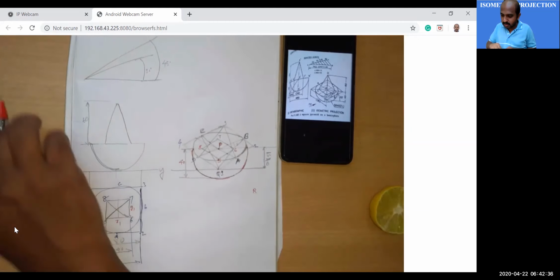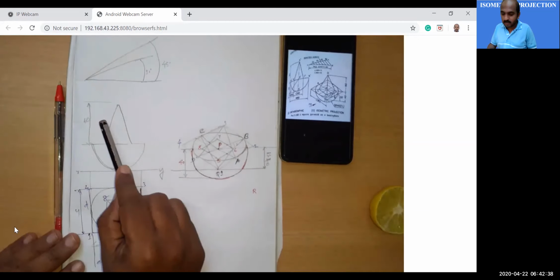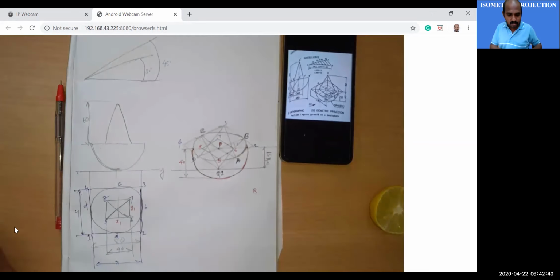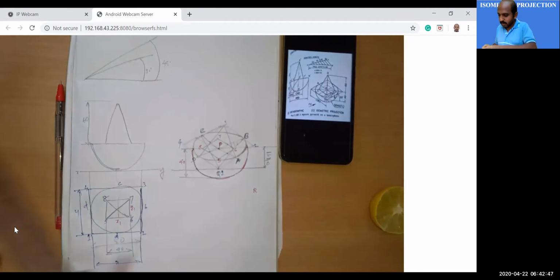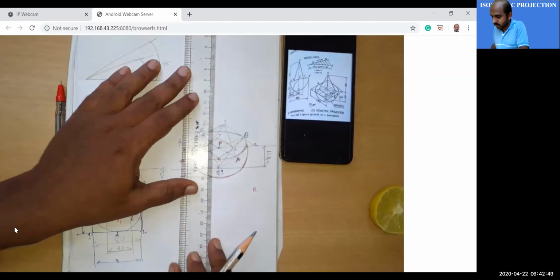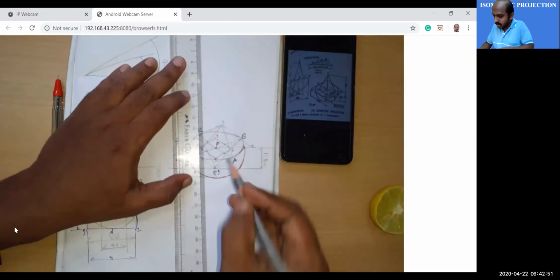So now what is the height of the square pyramid? It is 60. Since it is an isometric projection, you take the isometric length corresponding to 60 and mark it, so it will be smaller. Let it be here.